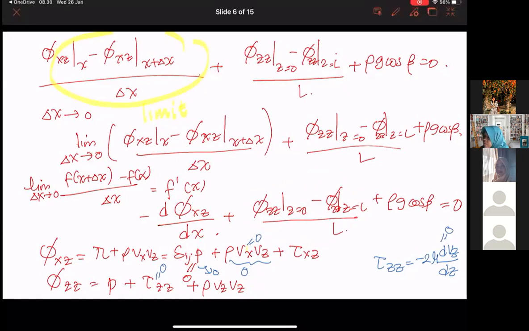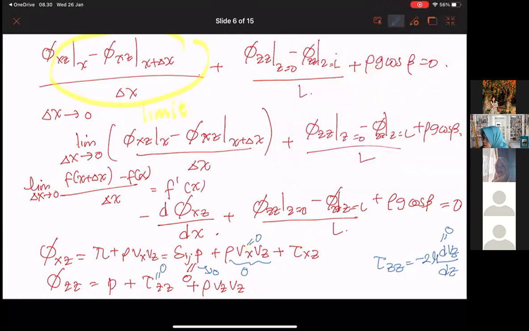Here, P plus rho phi z minus P plus rho phi z, that's also the same, so this equals 0. So this area here would be equal to 0.